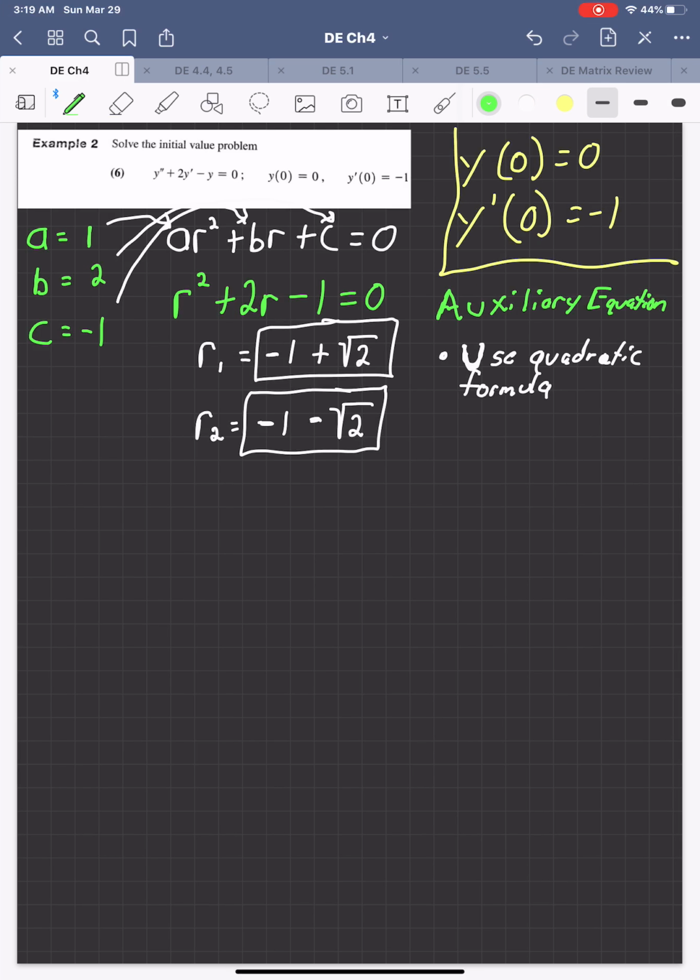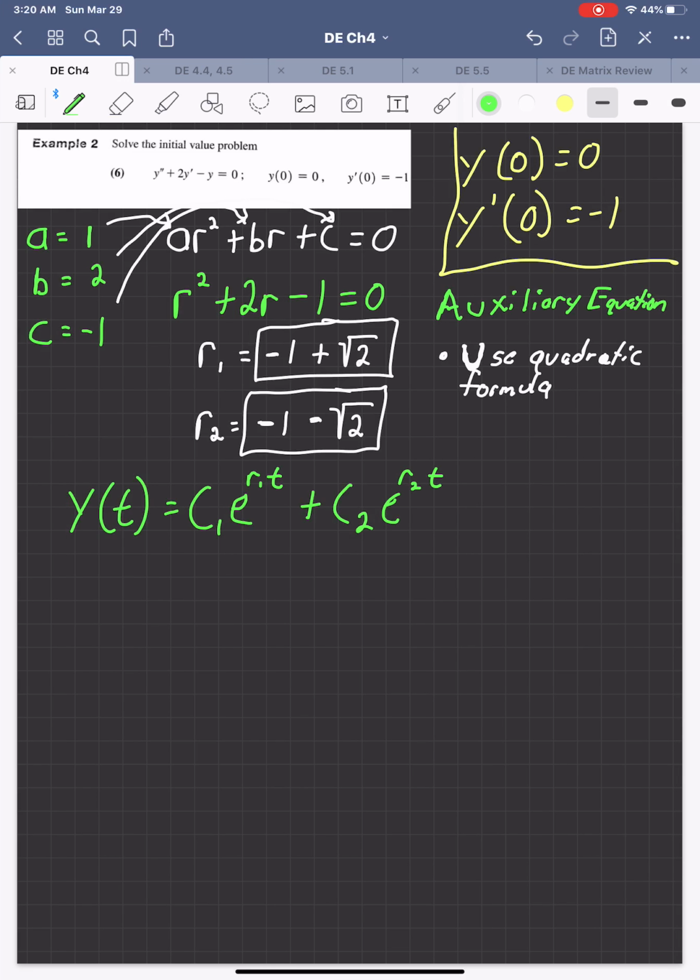let's go ahead and form the general solution right now. Okay, so I'm going to start with y of t is equal to c sub 1 times e to the r sub 1 t plus c sub 2 times e to the r sub 2 t.